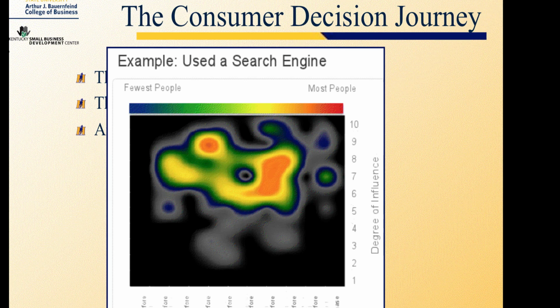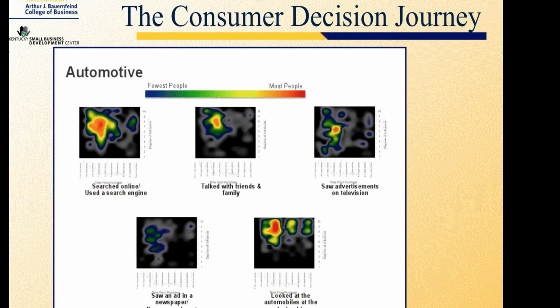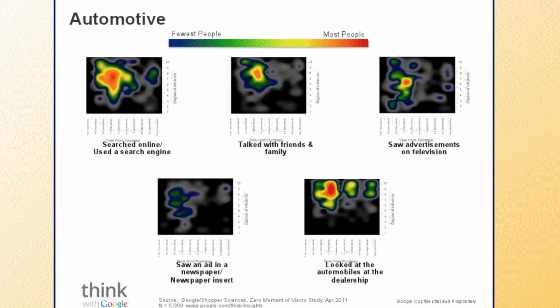Right. So let's look at what they've done with this. This represents the decision process for an automobile, an automotive product. And they have created heat maps for 5 different sources of information. Online up here, talked with family and friends, saw ads on TV, looked at automobile dealerships, saw an ad in a newspaper. Okay?